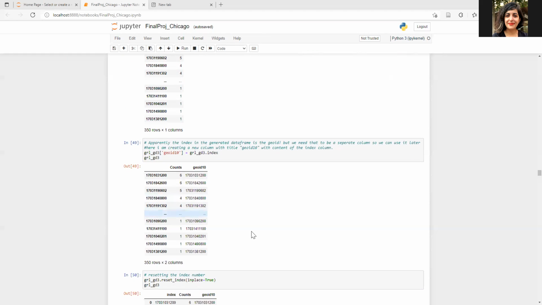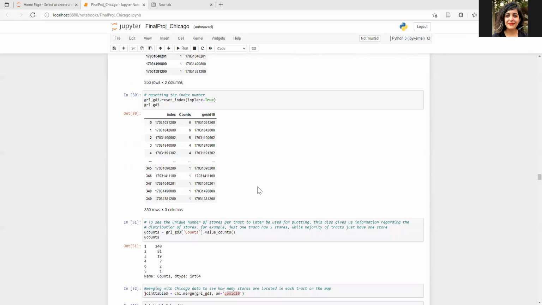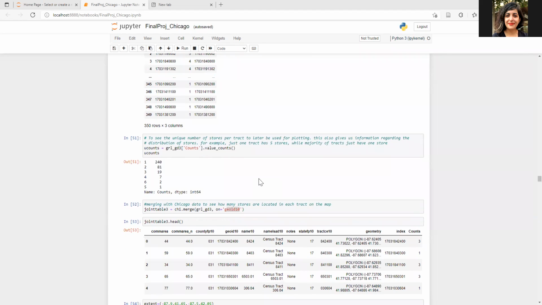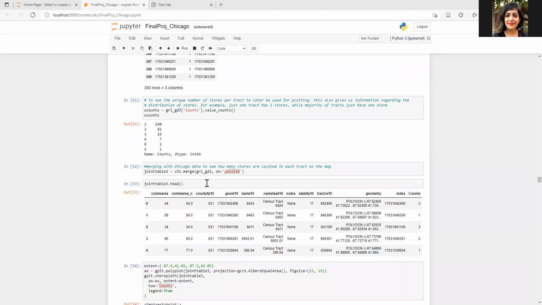Again, some more cleanup, making sure the IDs are labeled properly, and I moved on to my new joint table. It's named joint table 3. We already saw joint table 4, but because I did not do this in the right order, for this presentation I put them in logical order.